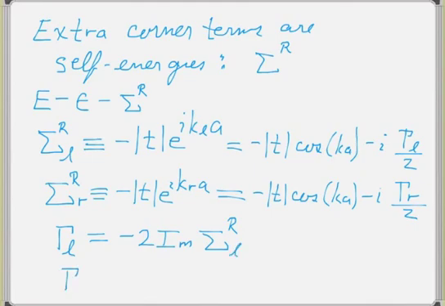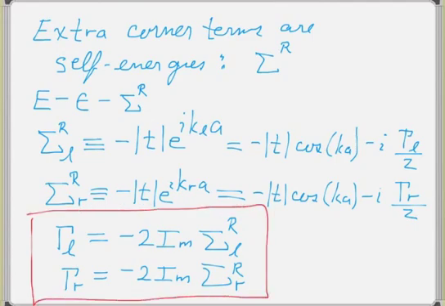And gamma right is -2 imaginary sigma R due to the right lead. And these turn out to be very general relationships between the sigma that goes into the matrix and the gamma due to injection from your lead, or if you were thinking of something else, from phonons or whatever. But for now, we're just thinking about a left lead and a right lead.